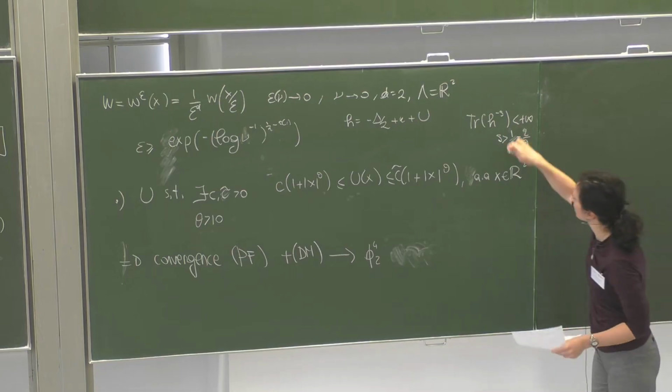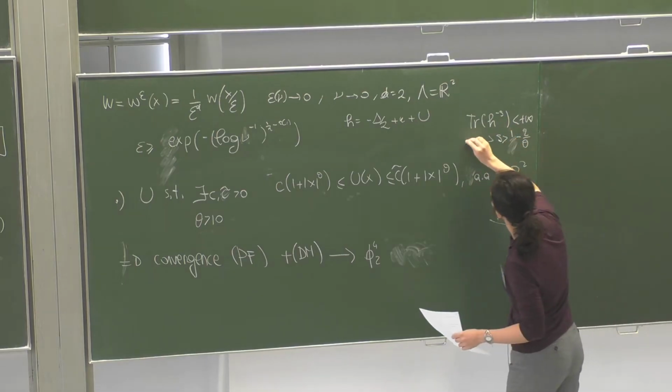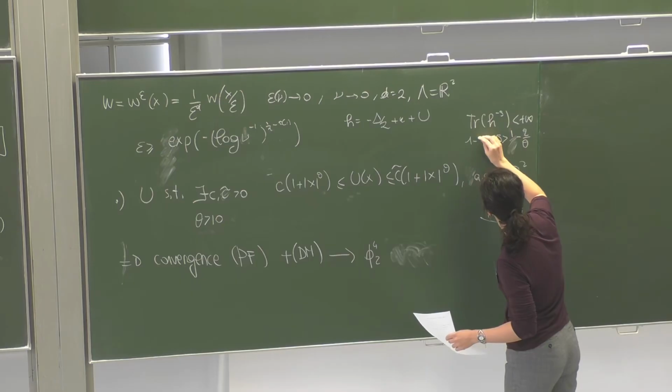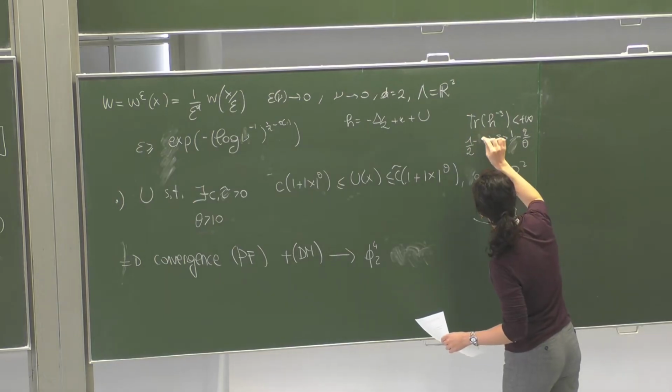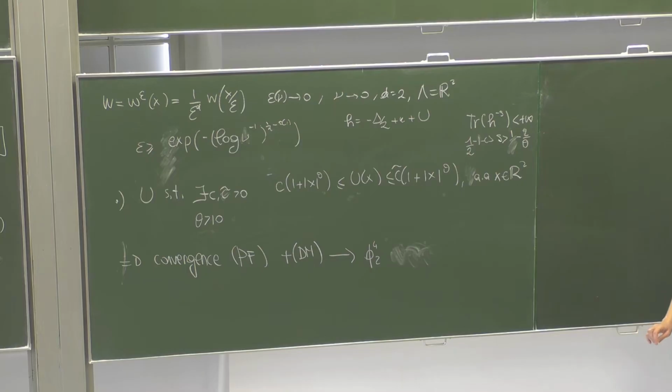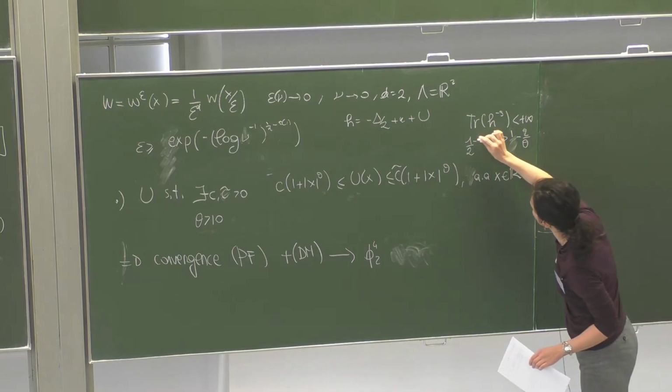Actually, you have also an upper bound on s. I think it's d over 2, so 1/2 minus. Because this is d over 2, actually.